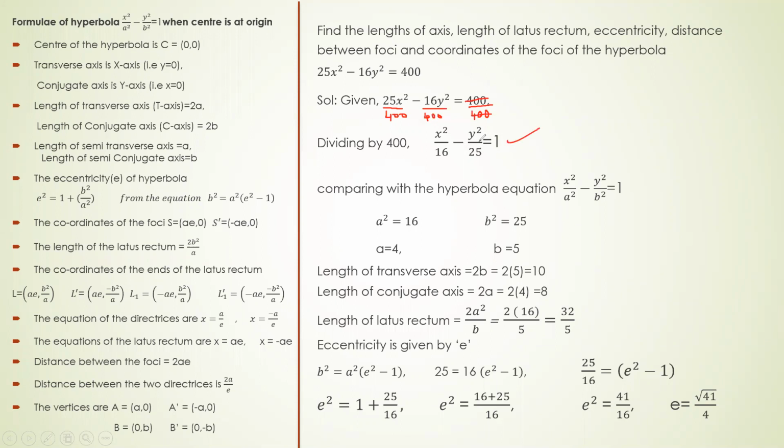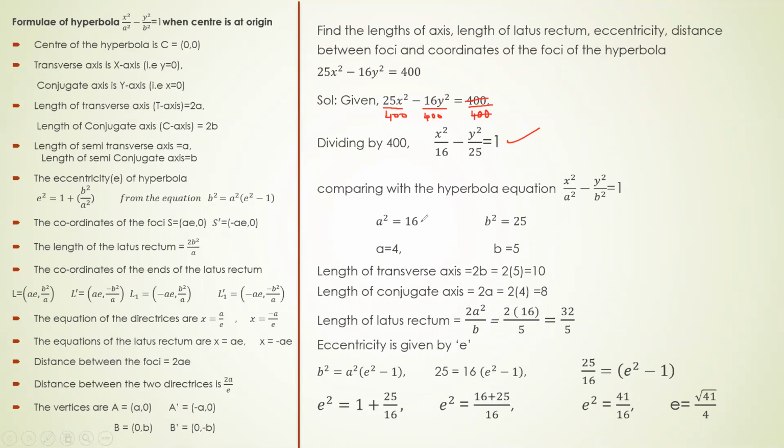Now this equation you can compare with our hyperbola equation. Comparing with the hyperbola equation, x square divided by a square minus y square divided by b square is equal to 1. Similarly to our earlier problem, we just compare. A square value is 16, whereas b square value is 25.